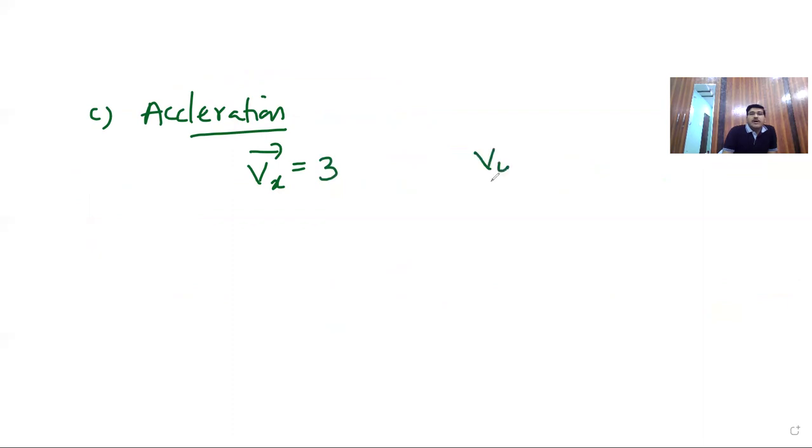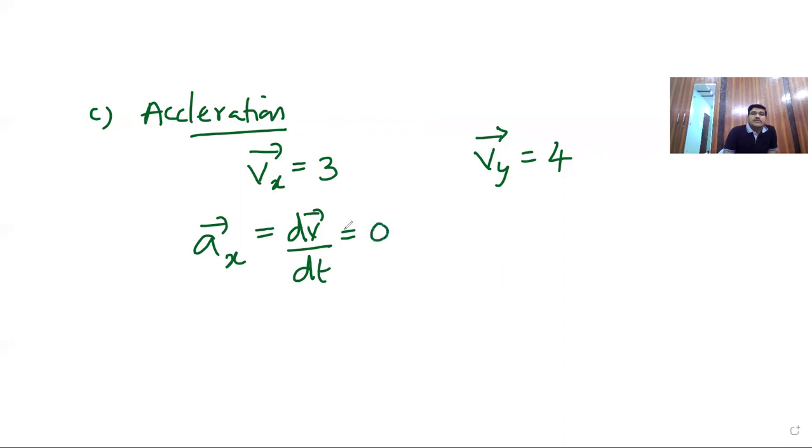And Vy bar, we got how much? It is 4. What is the acceleration? Ax bar is dv bar by dt. So differentiate this in x direction with respect to time t. So it becomes 0. Constant differentiation is 0.